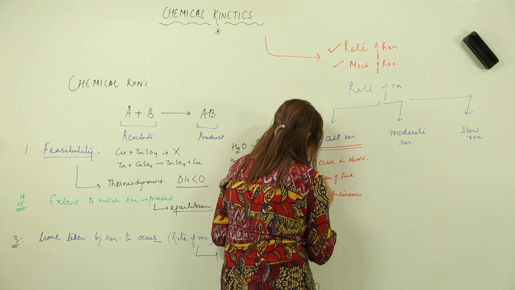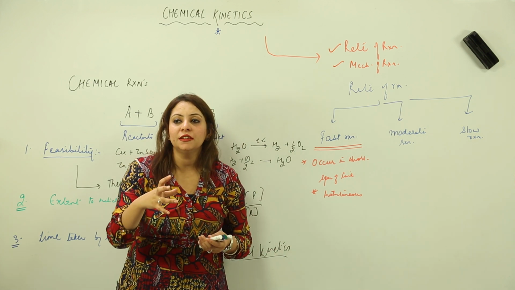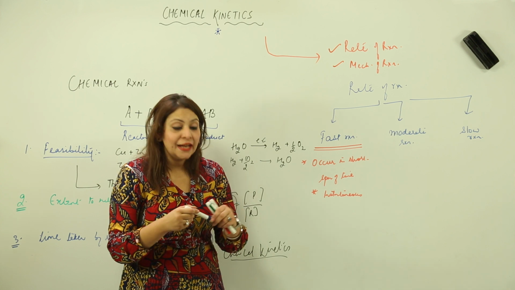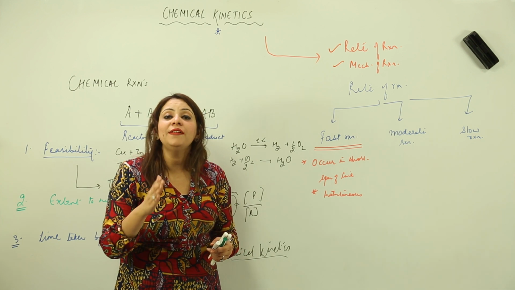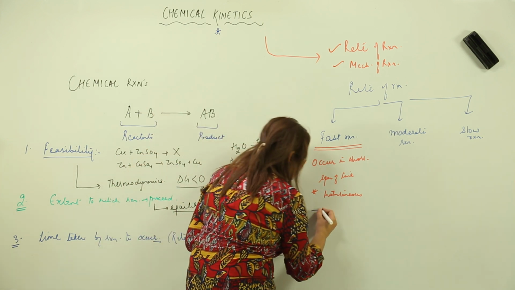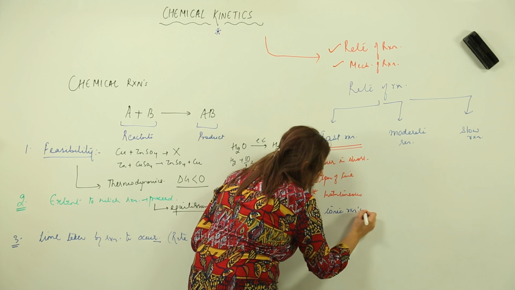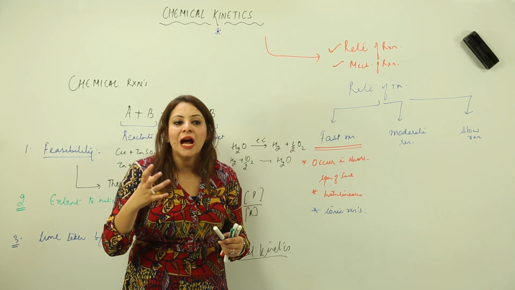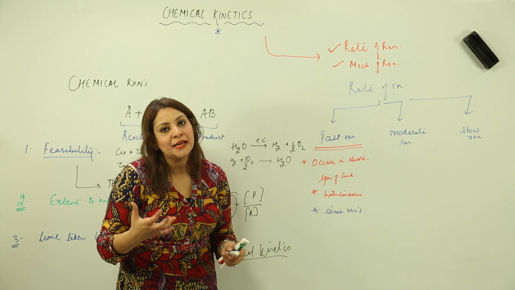Which reactions belong to this category? Actually the ionic reactions, the reactions which involve ions, are always fast reactions. They occur very fast. So the fast reaction is also called the ionic reaction, because fast reactions are mainly shown by ions, right?